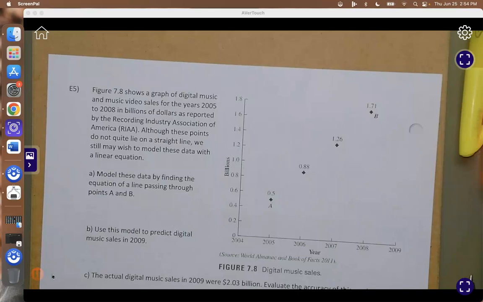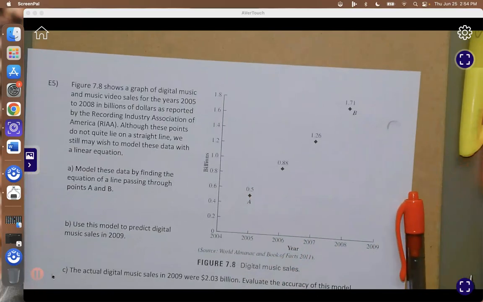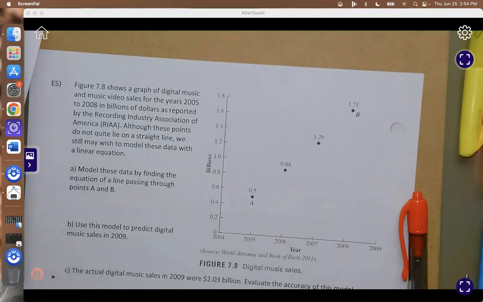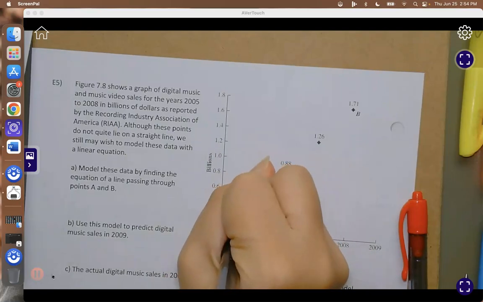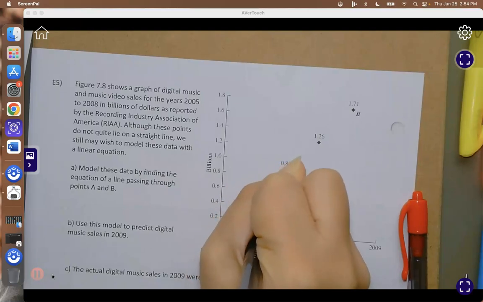Model these data by finding the equation of a line passing through points A and B. So if we're looking at those 2 points, A is located at (2005, 0.5).